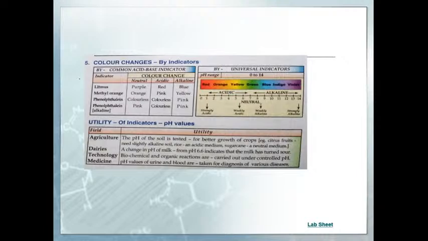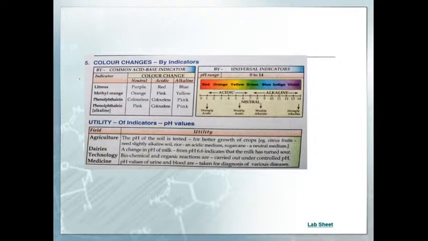So that the pH of the soil should be acidic. Suppose the soil is acidic in nature, you need to add something basic. If the soil is basic in nature, you add something acidic, because every time a neutralization reaction is going to take place, because we know that when acid combines with base, they form salt and water.